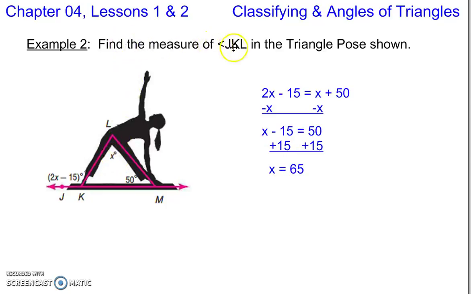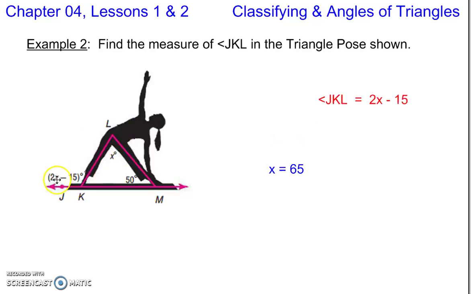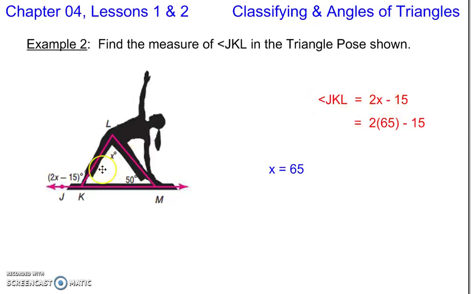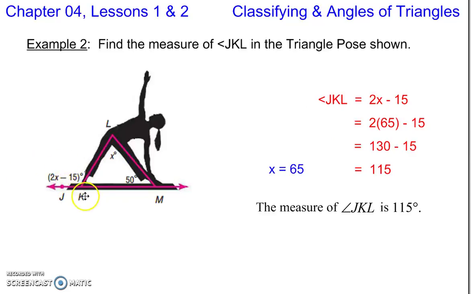We want to find the measure of JKL. JKL is this angle, so now that we found x, we substitute that in for x. And that gives us a measure of 115.